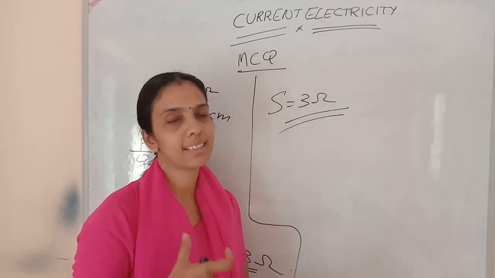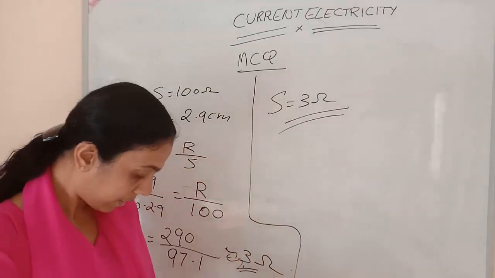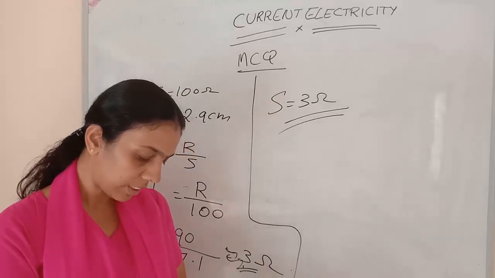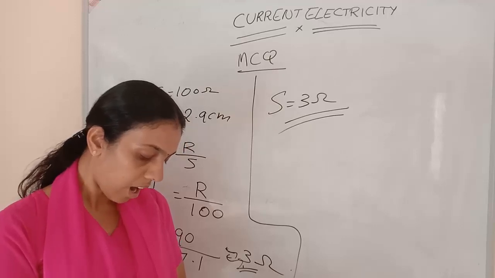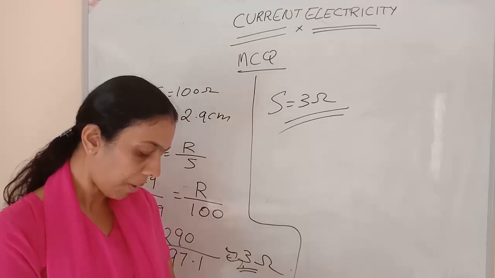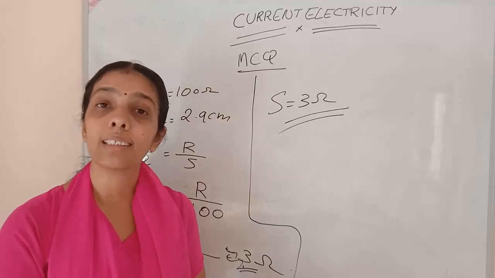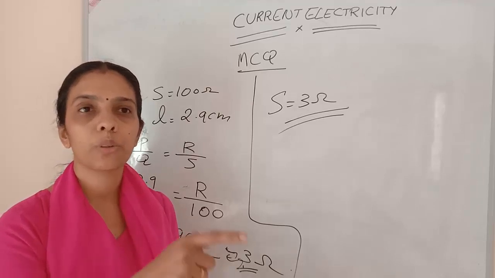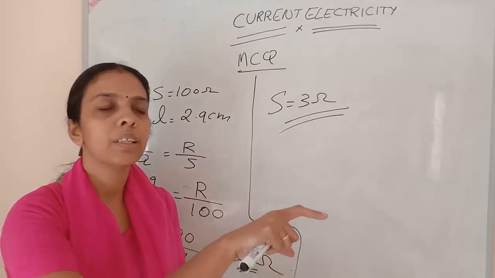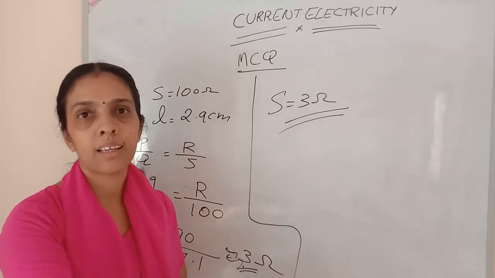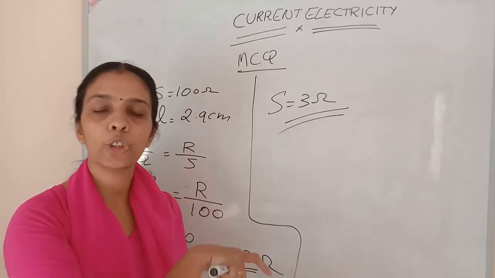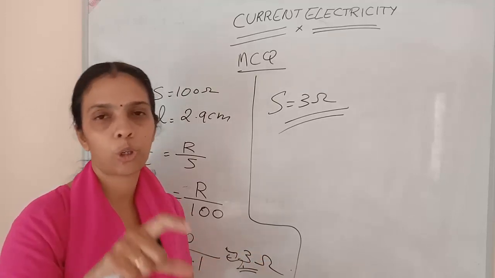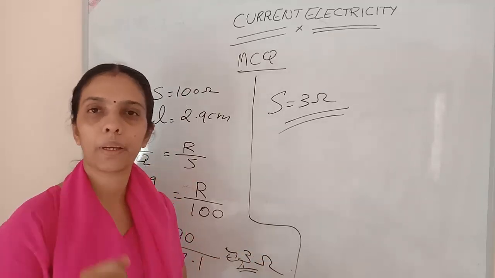Then only we will be getting the correct answer. So the battery of the potentiometer can have a voltage of 15 volt and is adjusted so that the potential drop across the wire slightly exceeds 10 volt. Option B is correct. The potentiometer wire should have more potential drop, then only we can compare the EMFs.